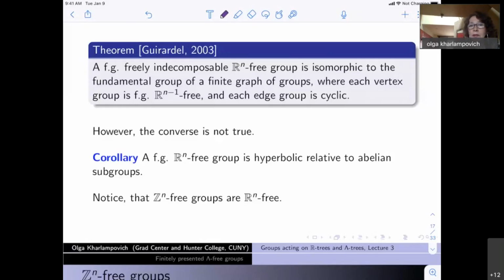As a corollary, a finitely generated Rn free group is hyperbolic relative to abelian subgroups. So it is toral relatively hyperbolic. Also notice that Zn free groups are Rn free, with the same action: instead of Z to the n, consider just R to the n and have the same action.